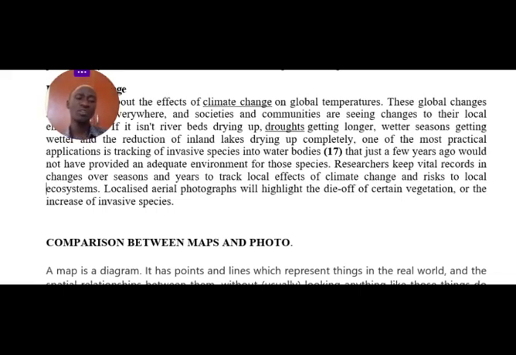When you take a photograph with the aid of the aerial photograph, it can clearly show that in that area you are talking about, due to the global changes or climatic changes, you may see the green appearing. If the green is there, you'll see that the area is receiving rainfall.